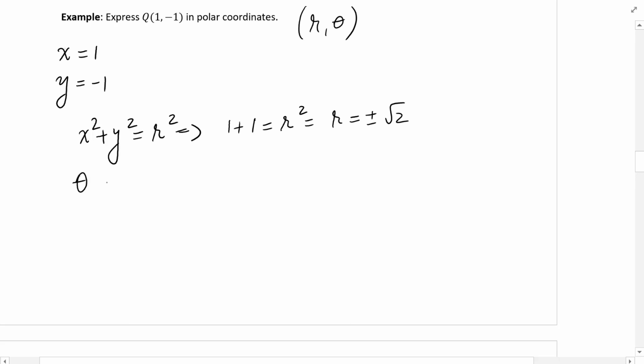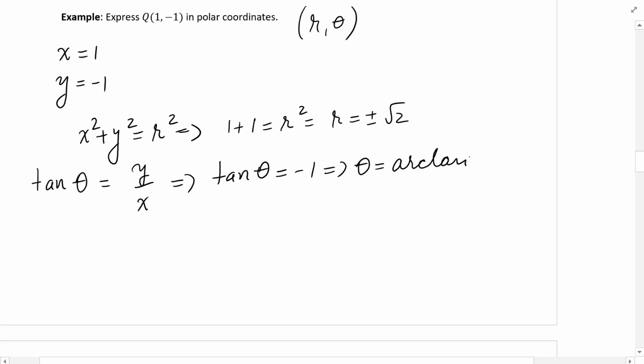And for theta, we know that tangent of theta equals y over x, so tangent of theta equals negative 1, which means theta equals arctangent of negative 1, which is negative arctangent of 1. We know that tangent is an odd function, so it's minus pi over 4.